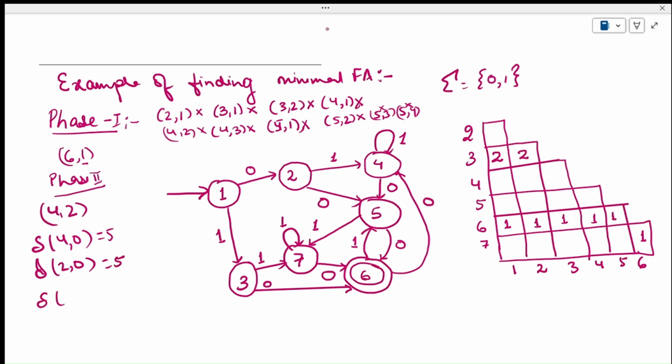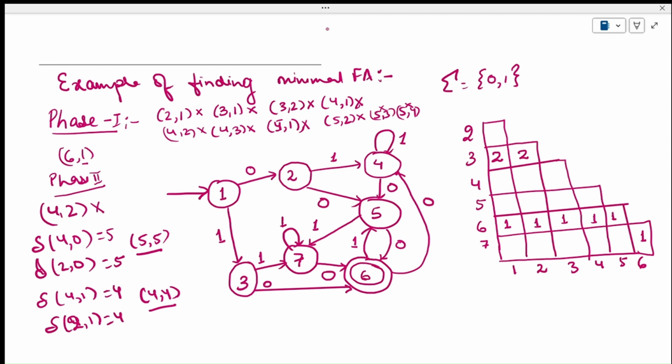Similarly, 4 on reading 1 is going to state 4, and 2 on reading 1 is going to state 4. Now see what we get for this 4 2 cell. The output is 5 5 for symbol 0 and for symbol 1 the output is 4 4. Remember that 5 5 and 4 4 are not going to be in the table. So the 4 2 cell is never going to be marked, not in this iteration, not in the further iterations.